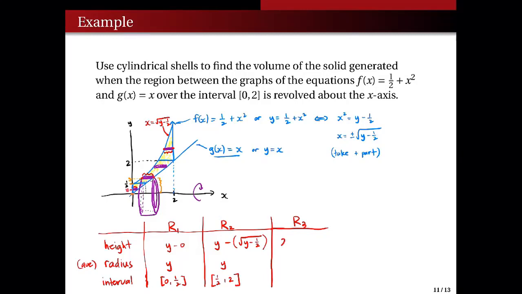So this will be 2 minus square root of y minus 1 half. The radius is still y. It's from this guy here up to this. Again, represented there by y.